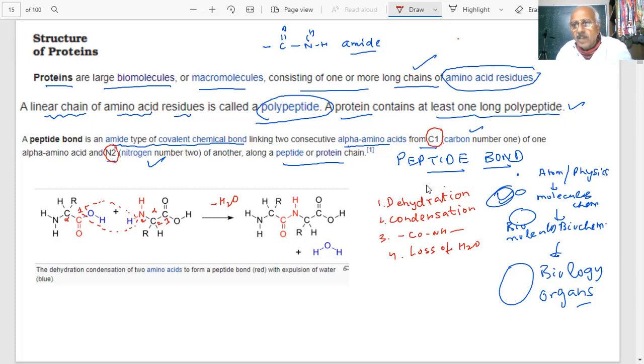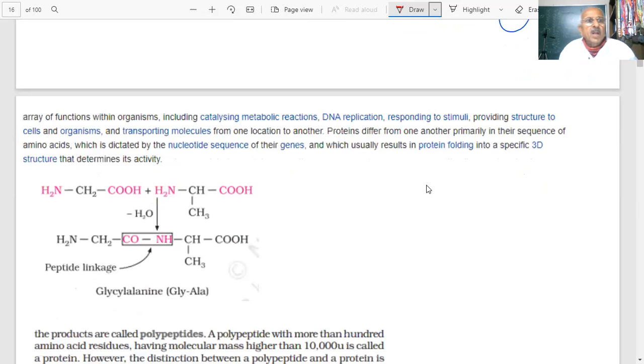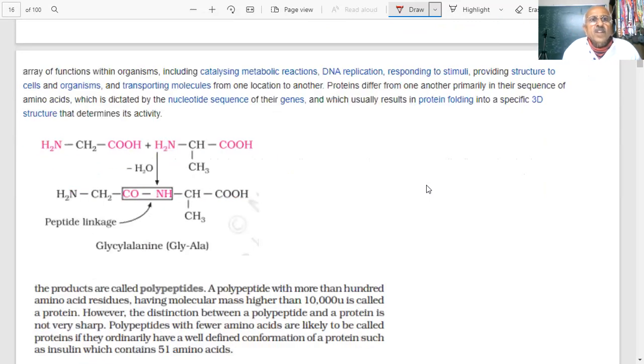These are the ways the questions are framed in the paper, students. So what do we say? An array of functions within organisms, including catalyzing metabolic reactions. What are these amino acids going to do for us, students?